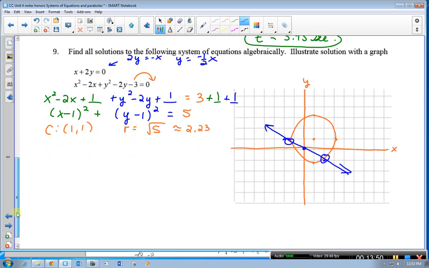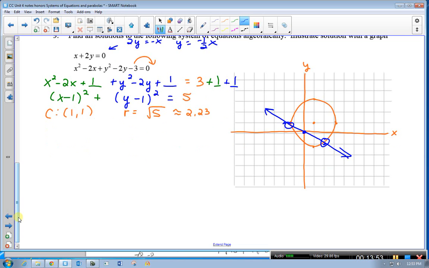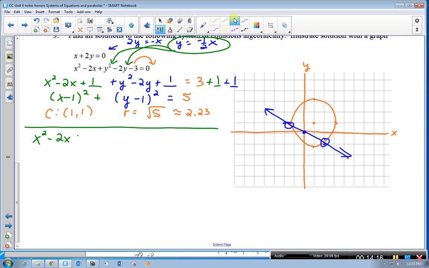So algebraically, at least we can see where they are and see if they make sense. I'm going to substitute y equals negative 1/2 x in for y. So the algebraic part is x squared minus 2x plus negative 1/2 x squared minus 2 times negative 1/2 x minus 3 equals 0.